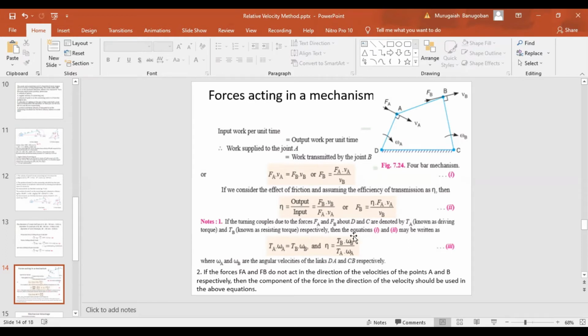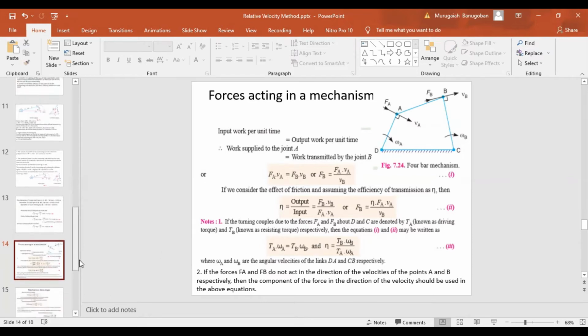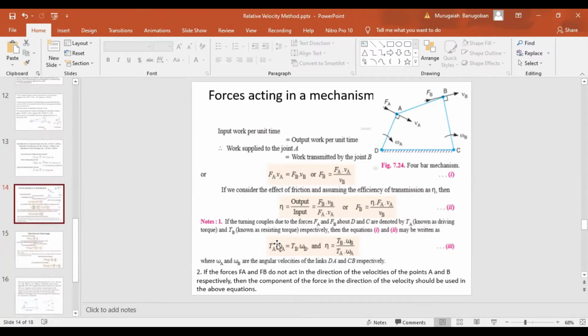So if you have the values of F and V, you can go for the earlier equation, FB VB upon FA VA. Or if you have the values of tau and omega, then you have to go for this equation.